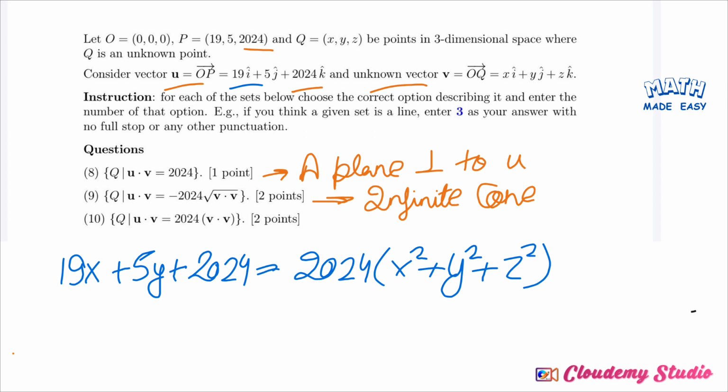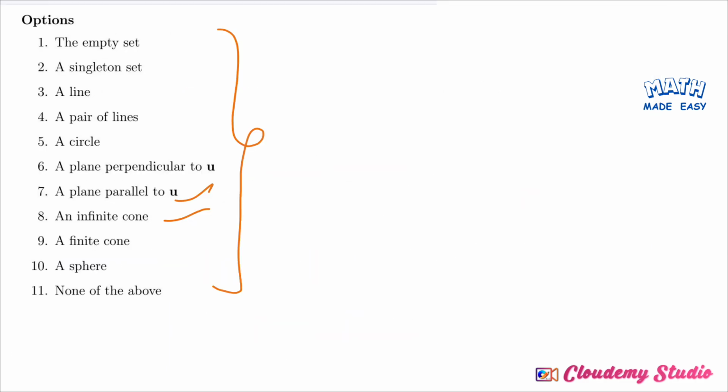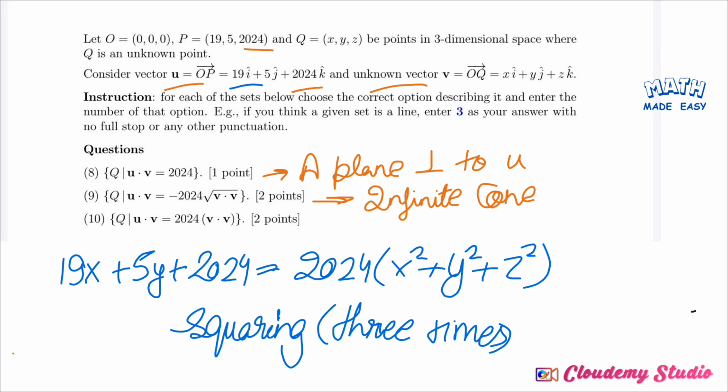So when we complete the squares, we have to do the squaring three times. So we get the equation of a sphere passing through the origin. Okay, in vector questions, if you see, there are many very conceptual questions.